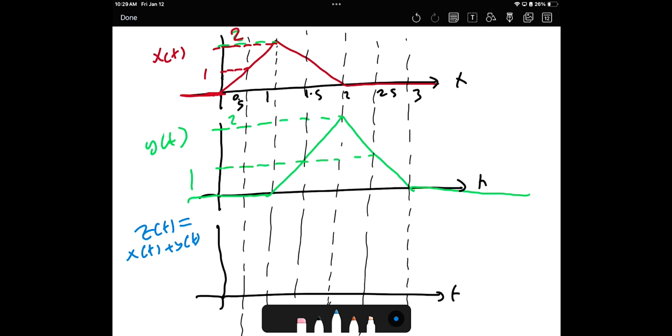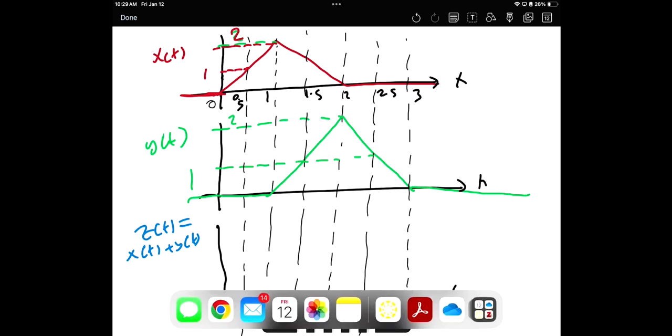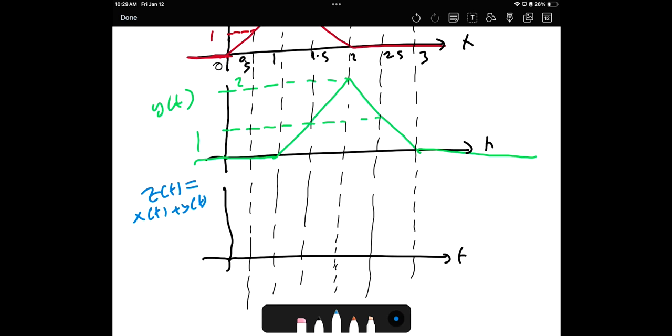Now, we can make the sum easy. So when the time is 0 and below 0, let's look at this part: 0 plus 0 is 0, so everything will be zeros here. Now look at the time between 0 and 0.5.